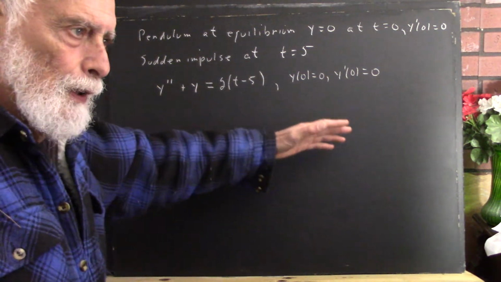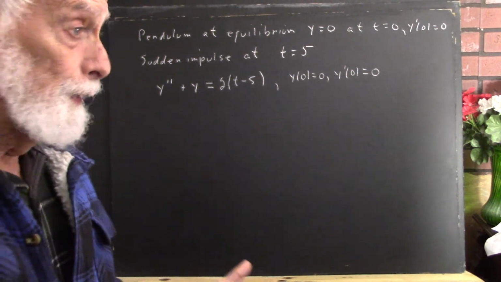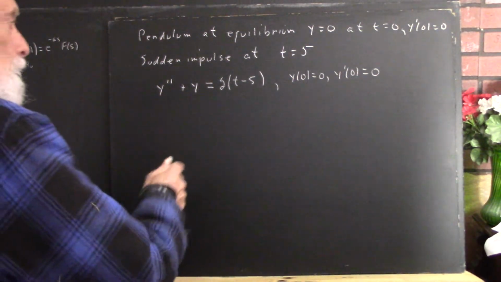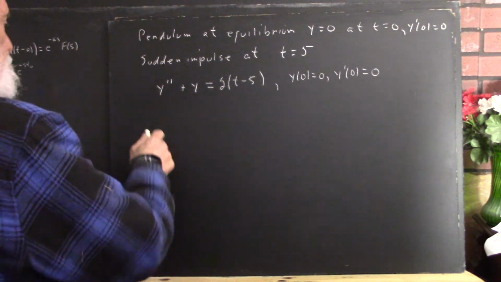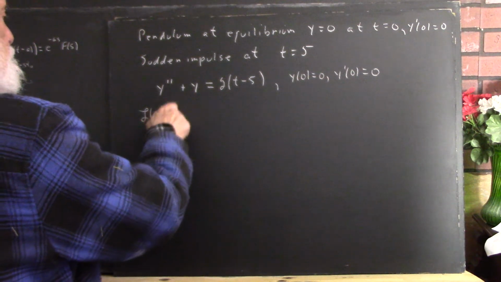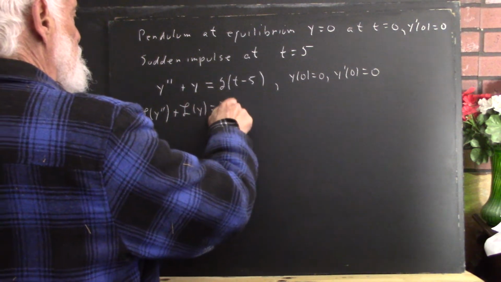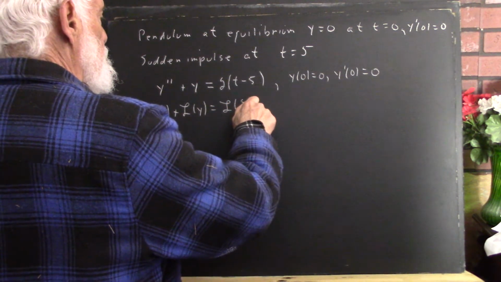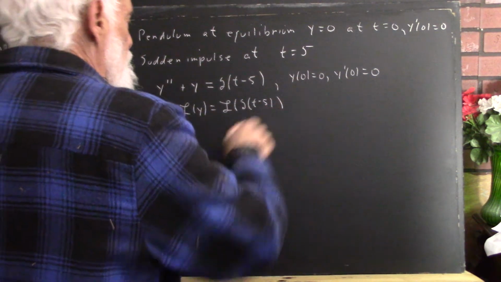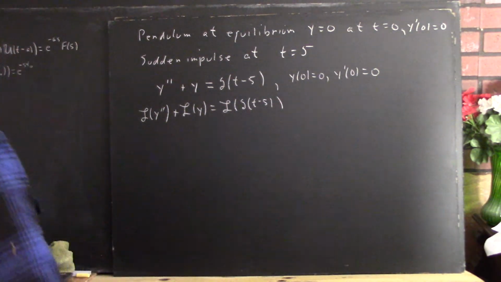And we solve this. And really the only way we've got to solve this is using Laplace transforms. So we transform both sides. And we get an algebraic equation we can easily deal with.